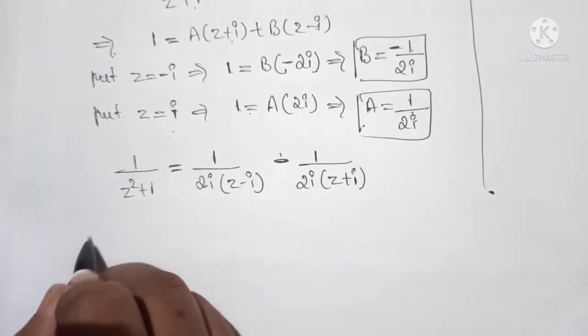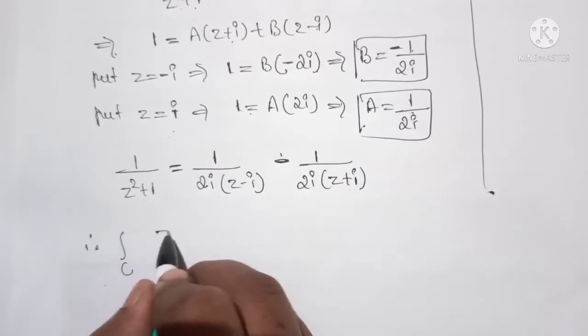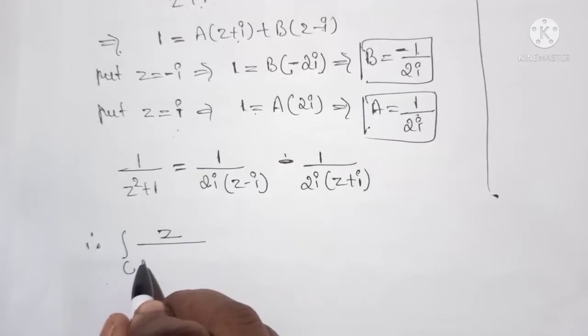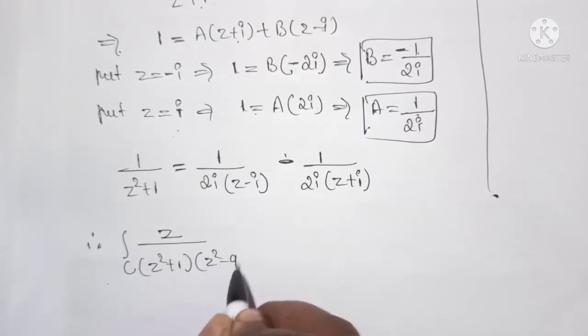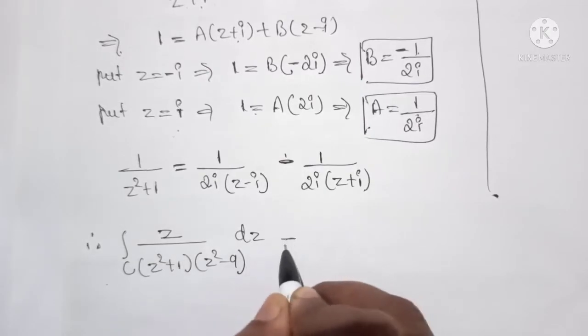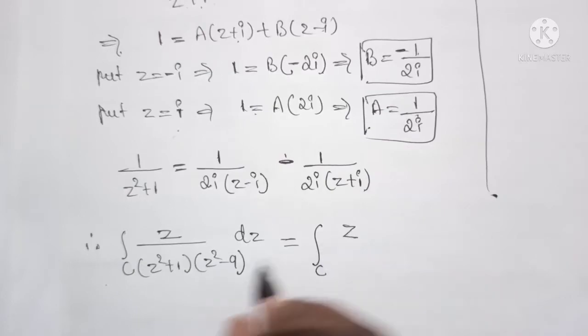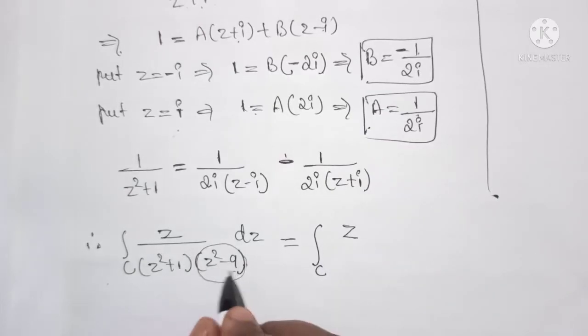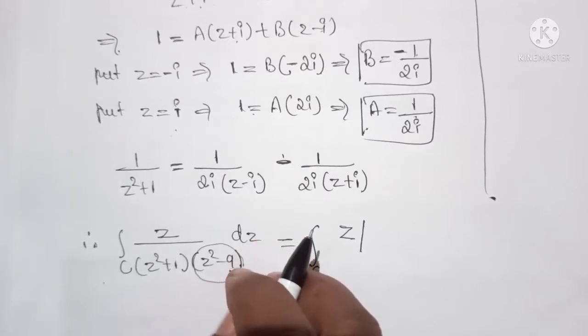So therefore the given integral over C is of this form, z divided by (z square plus 1)(z square minus 9) dz. Now this can be represented as integral over C. We take this term to the numerator, because at this point we are getting singularity which lies outside the circle.